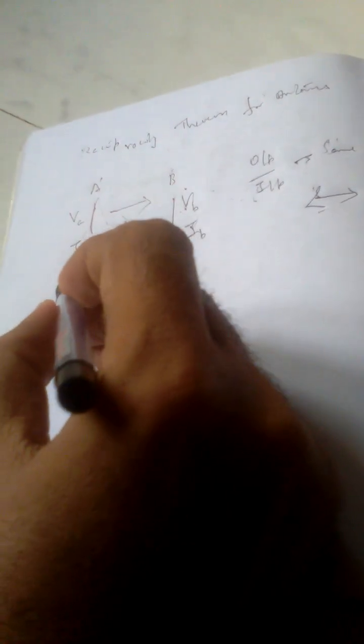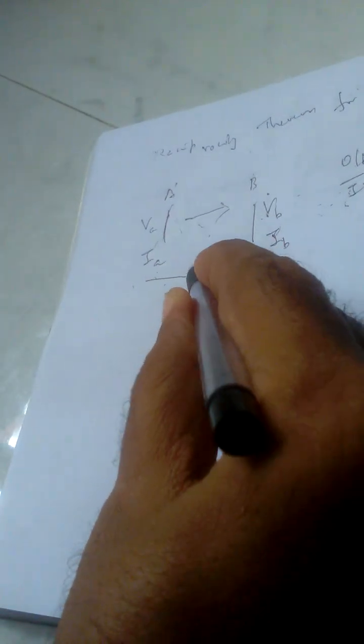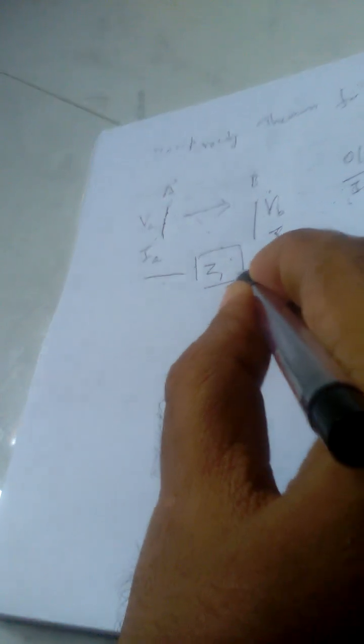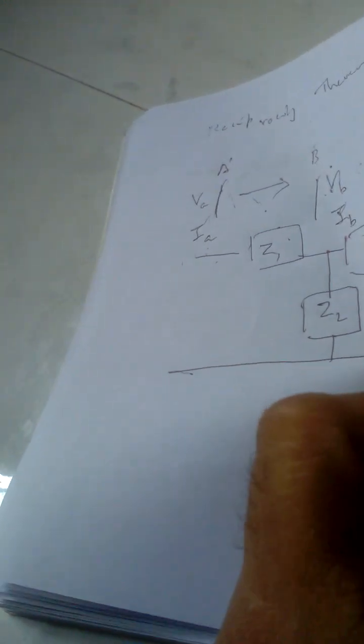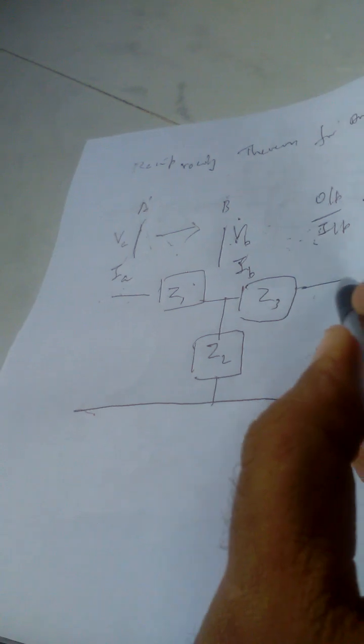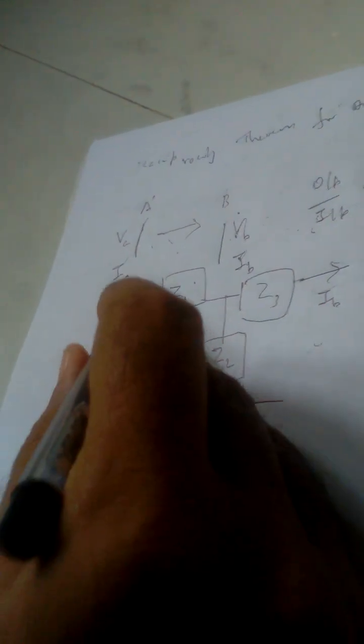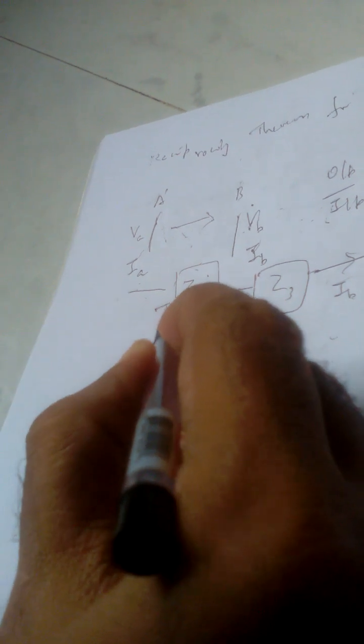Now let us see the proof of how it holds good for an antenna. Let us consider a T network connected between antenna A and antenna B, with Z1, Z2 and Z3. I am just mentioning I1 as the total current flowing through the first loop.